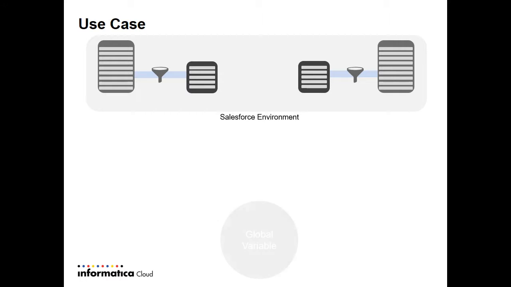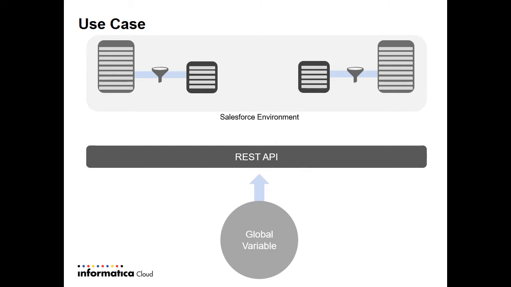So they want to use global variables to eliminate redundancy. They would use parameters in their mapping which they can replace with actual values at the runtime. They would like to utilize the REST capabilities to expedite the process. The Informatica Cloud REST API would allow them to create, modify, and run the mapping configuration tasks on the fly.